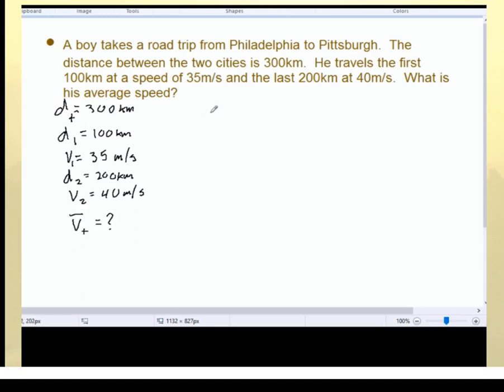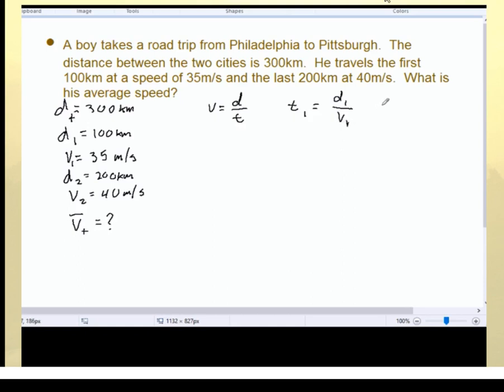Since this isn't an acceleration problem or anything like that, it's just an average speed problem, I'm going to go with velocity equals distance divided by time. And I can use that as long as there's no acceleration. So in the case of the first leg of the trip, if I solve that for t, I'll just say t1, that would equal d1 divided by v1. And that'll give me a time.